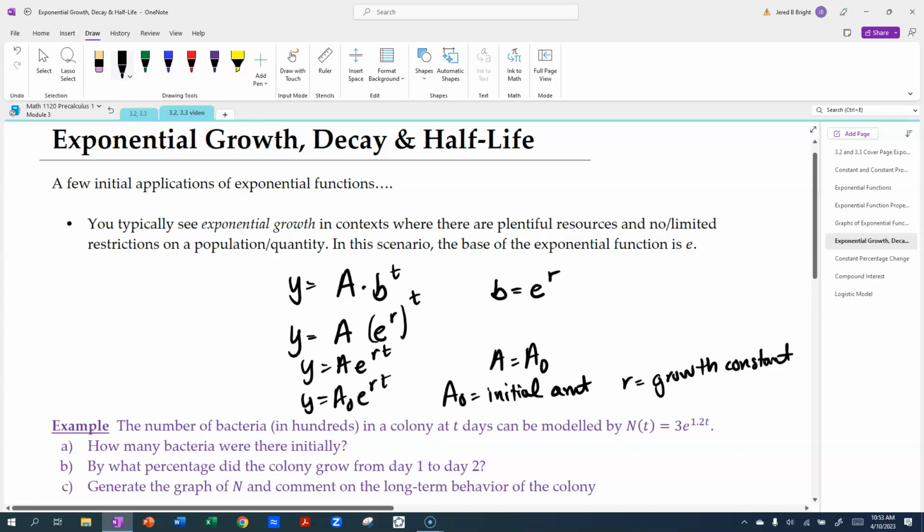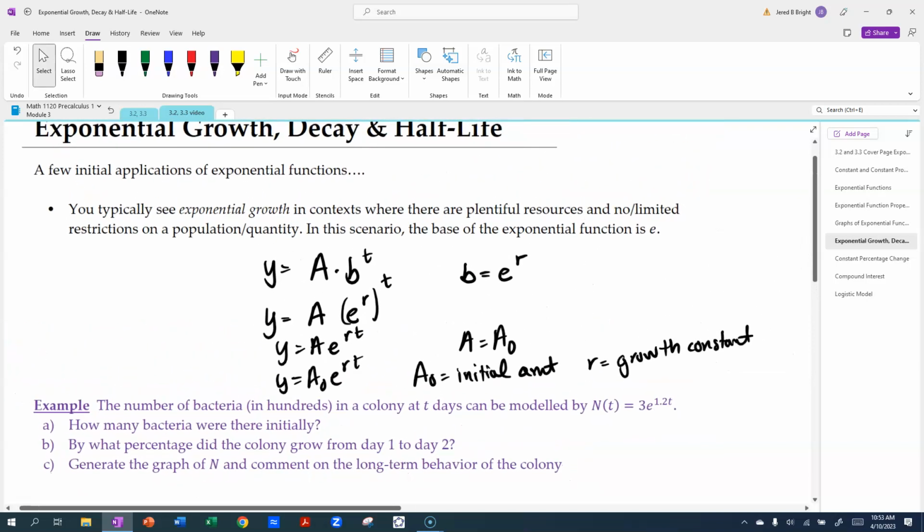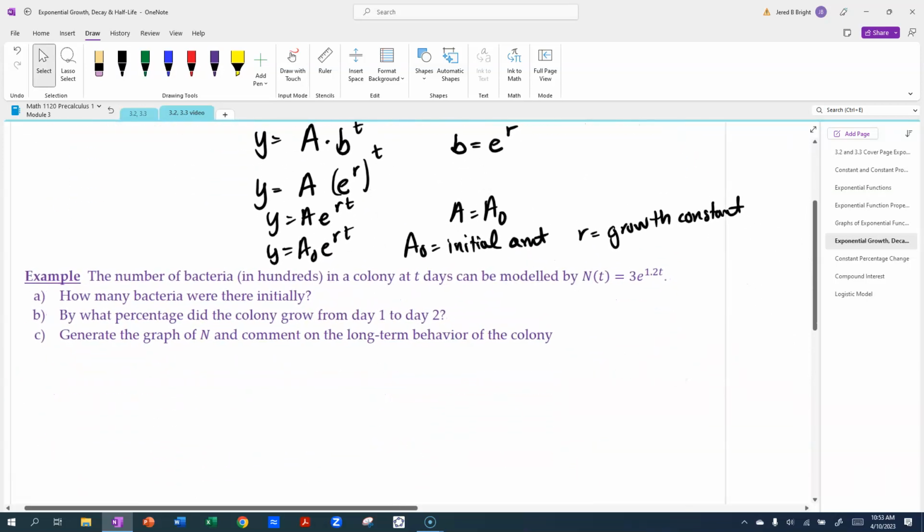An example of this is similar to the opening example from this section of instruction, talking about bacteria in a colony, at least for a very short time. If we have a sufficiently large space for them to grow, they can grow according to an exponential model, and that model is given here.